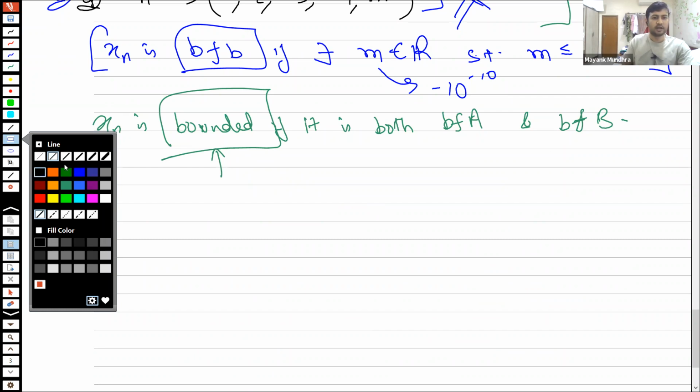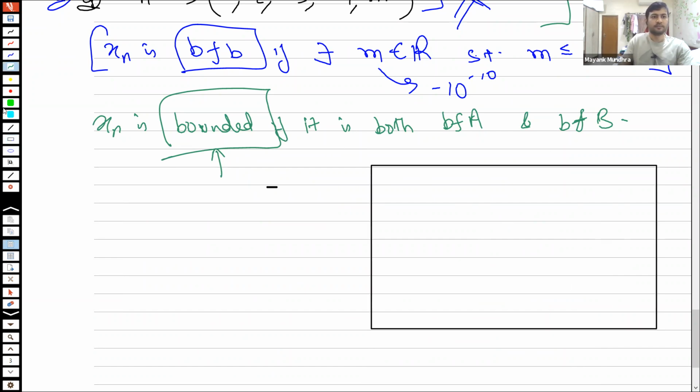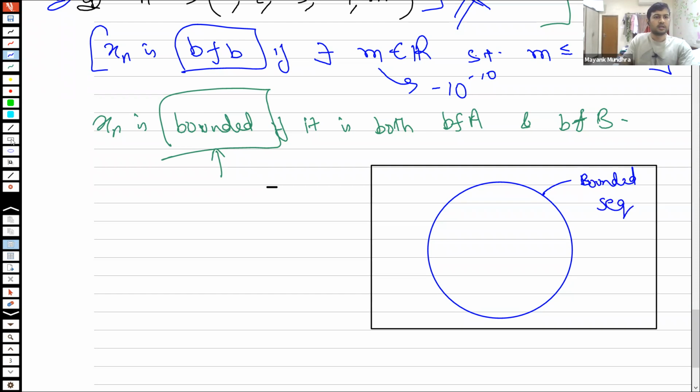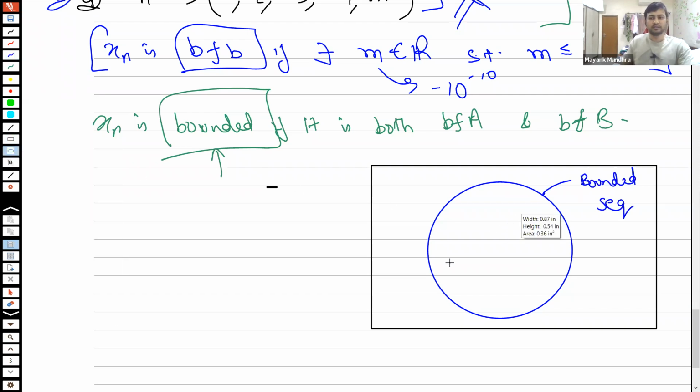If this is the set of all sequences in the world, and this is the set of all bounded sequences, then the set of convergent sequences would be this.